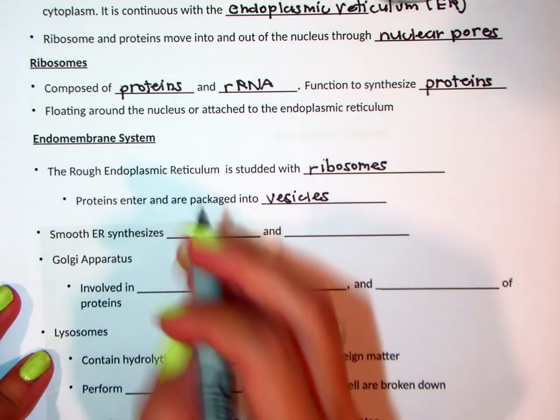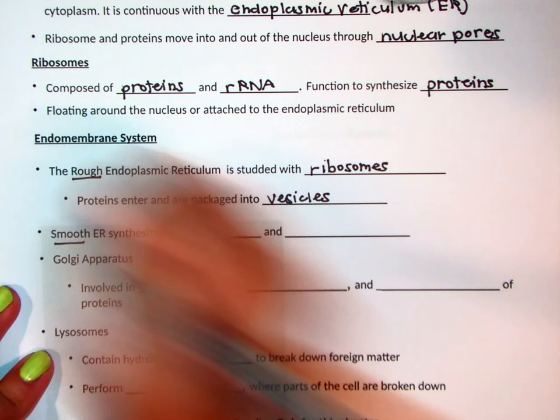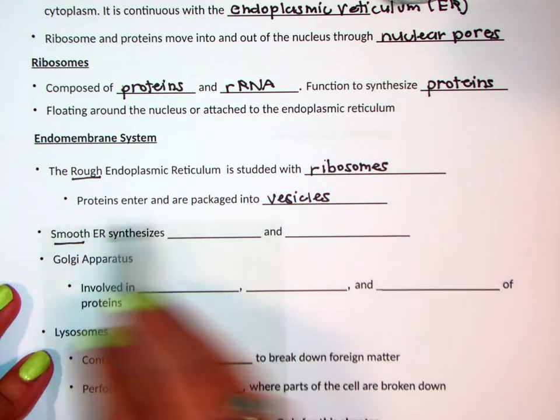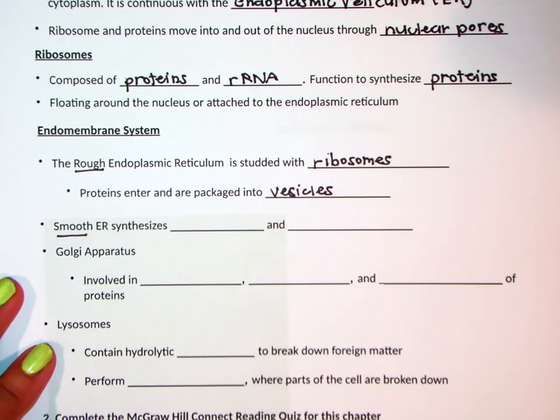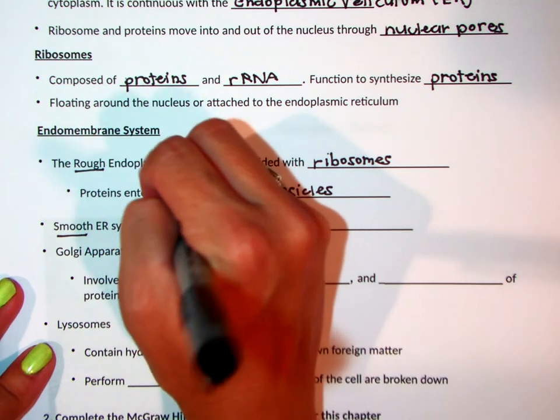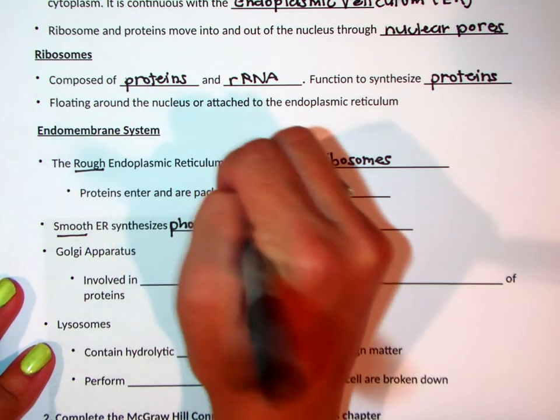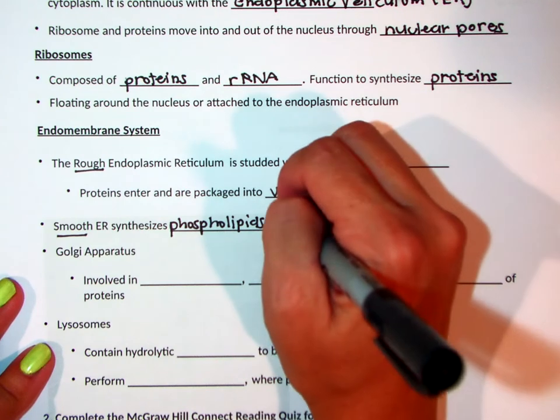So with the endoplasmic reticulum, there's rough and smooth. So the rough is studded with ribosomes, proteins are packaged there, and the smooth synthesizes or makes phospholipids and other lipids.